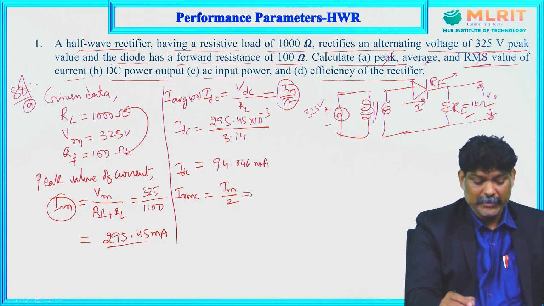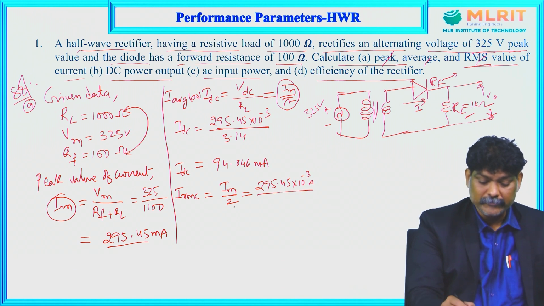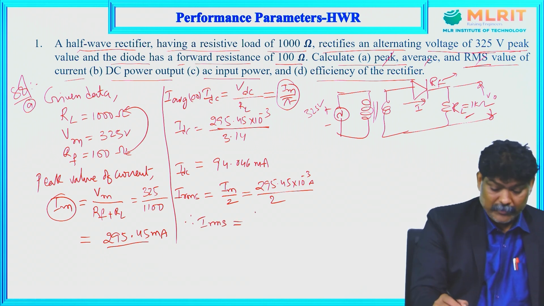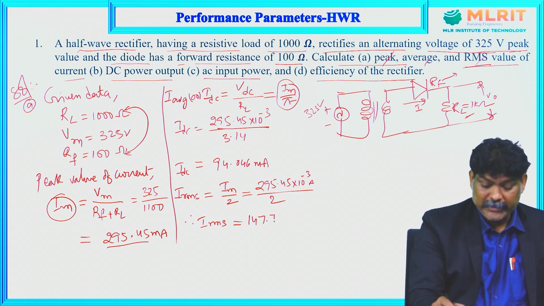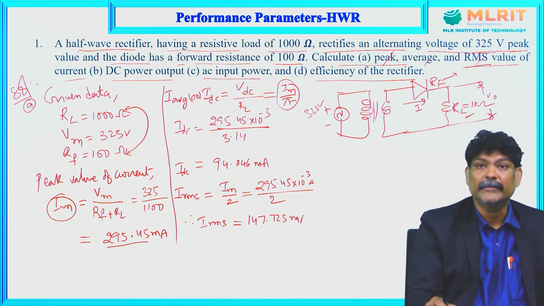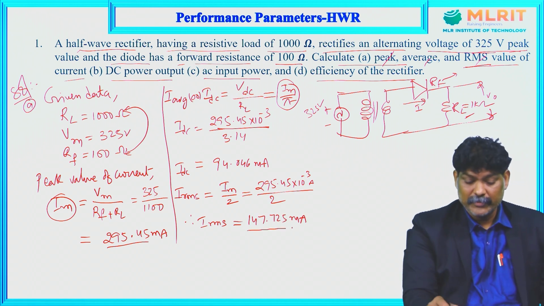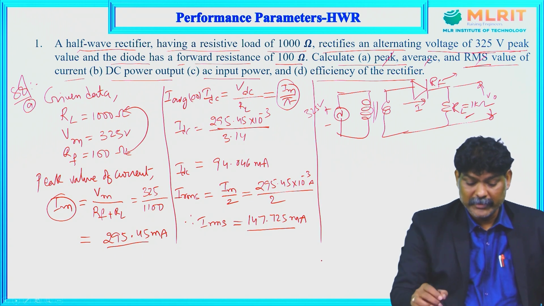So what is Im? 295.45 milliamperes, that is 10 power minus 3 amperes, upon 2. If you solve for this, the IRMS value is 147.725 milliamperes. You can check by solving these values.